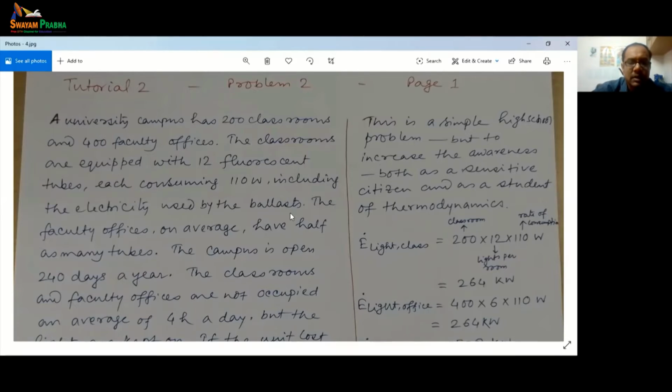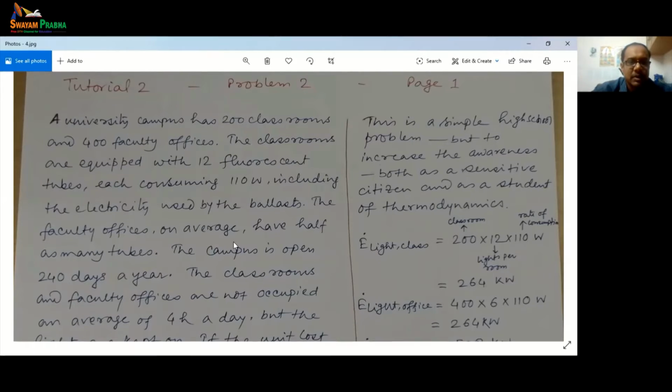Not all of us, but all of us sometimes pay less attention to small things which we should as a sensible citizen, as a sensible engineer, and as a sensible person. So let's talk about some moral implication of thermodynamics. We can say this problem will open that door.